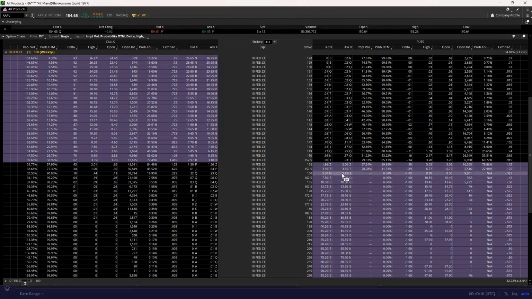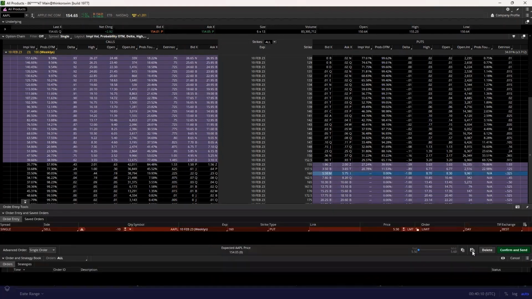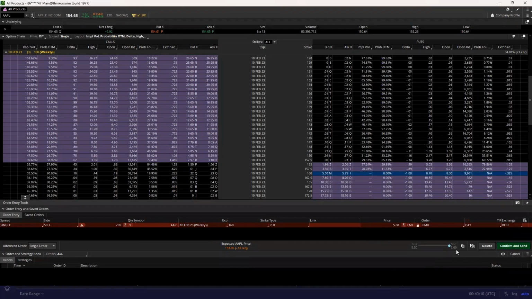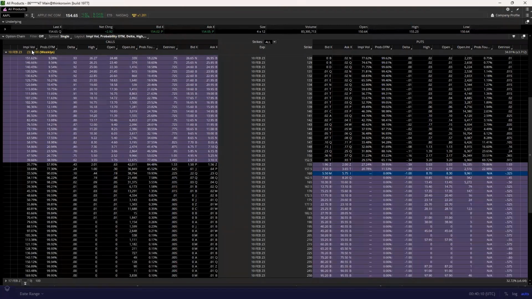So if we look at the premium here, at the mid, we're at 560, expiring in 3 days. So let's say Apple does in fact expire below 160, so these remain in the money at expiration. And I want to utilize a rolling adjustment.